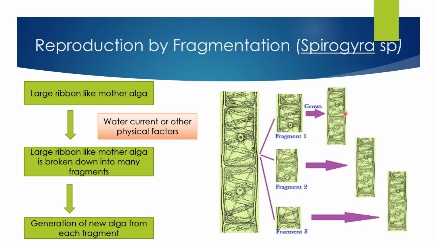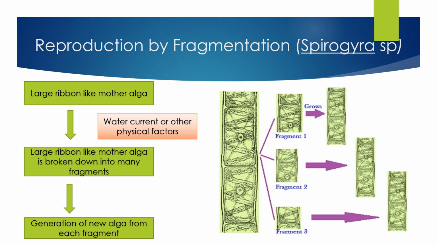That means these fragments develop and grow into new offspring. So in that way, as it gets fragmented, it is known as fragmentation, and it is found in the alga known as Spirogyra. Their reproduction or spreading rate is very high, so in very little time they can cover a water-moist area. Okay, and they are slimy in nature.